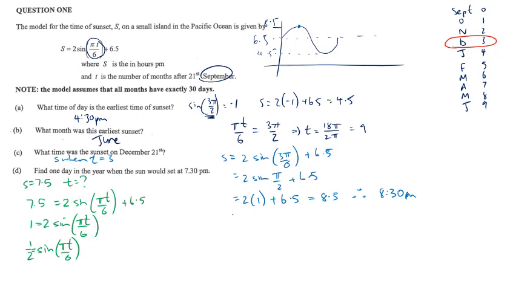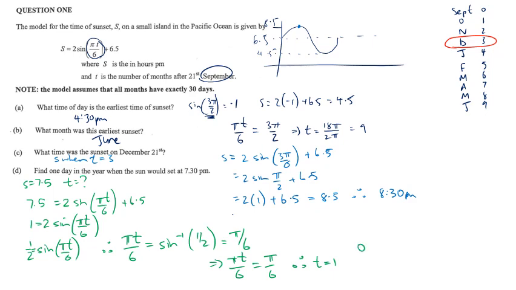Now we're left with pi t over 6 is the same as the arc sine of a half, which is pi over 6. So pi t over 6 equals pi over 6, therefore t must be 1. If we're looking for one day in the year, I'm looking for October, or 1 month later, 21st.